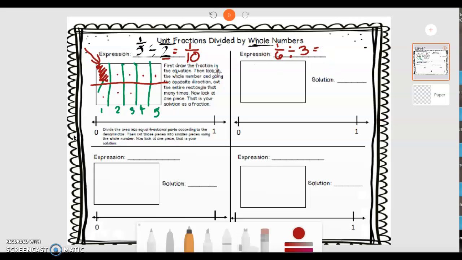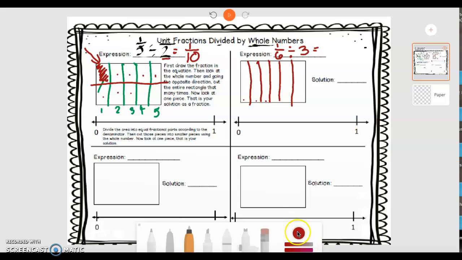Again, my step 1 is I have to make this rectangle into 6 equal parts. So I'm going to do 1, 2, 3, 4, 5, and 6. So that's my 1/6, this section here.